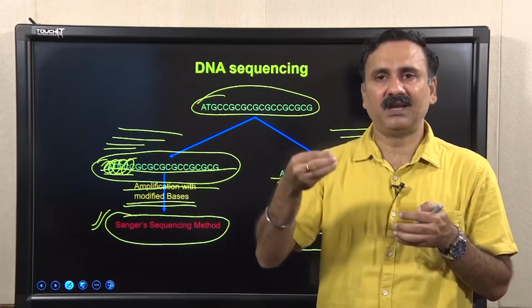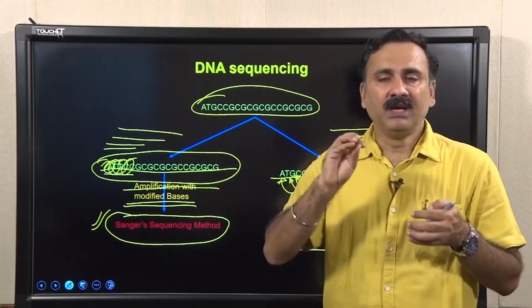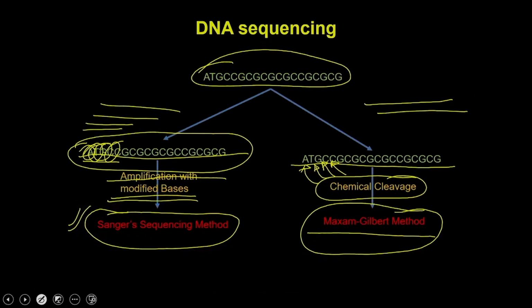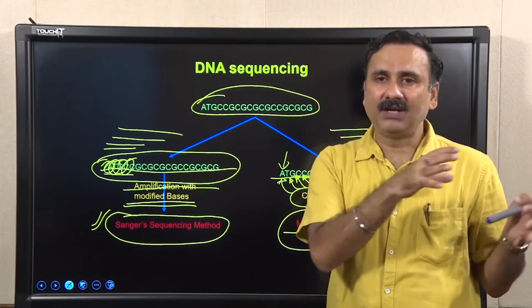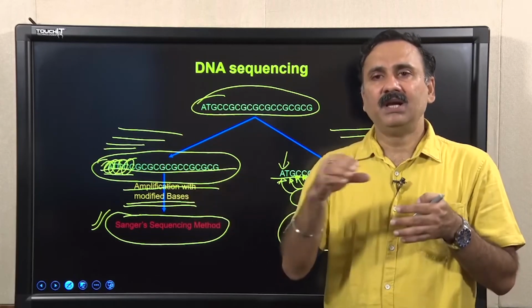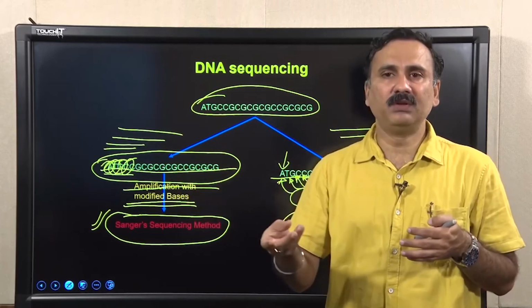For example, if it is against A, T, G or C, it is going to break the DNA at every A, wherever the A is present in this particular sequence. That is how you get stretches of DNA that can be separated, and the pattern of these fragments helps you deduce the sequence.